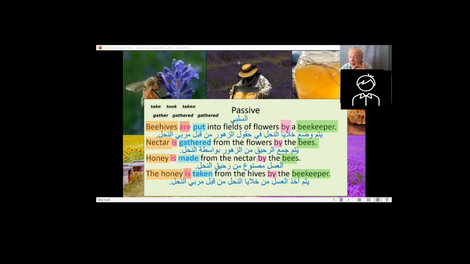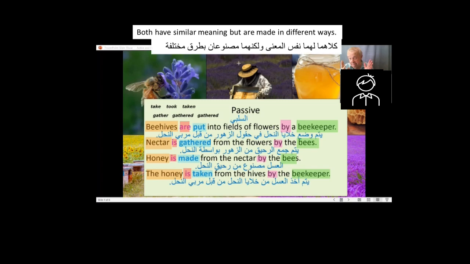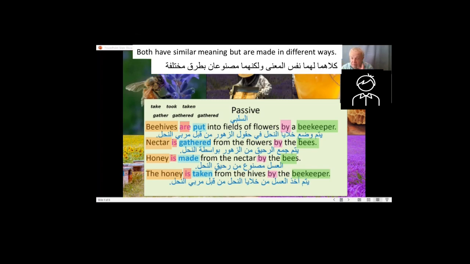It was done by the beekeeper, done by the bees. So we have this, and then we have the previous one, which is the active one, which is a little different. You see the difference between them? They have the same meaning. It's just that the structure is different.